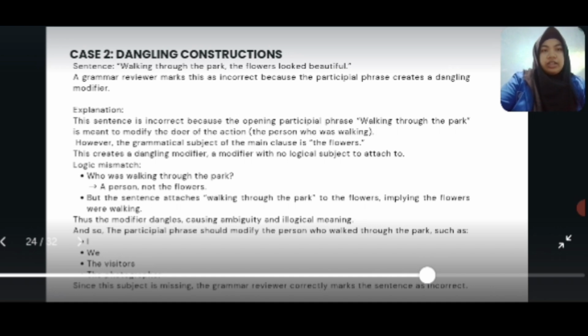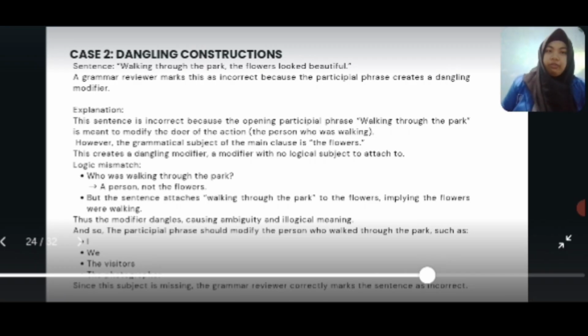This sentence is incorrect because the opening participle phrase "walking through the park" is meant to modify the doer of the action, the person who was walking. However, the grammatical subject of the main clause is "the flowers." This creates a dangling modifier, a modifier with no logical subject to attach to, and a logic mismatch. Who was walking through the park?